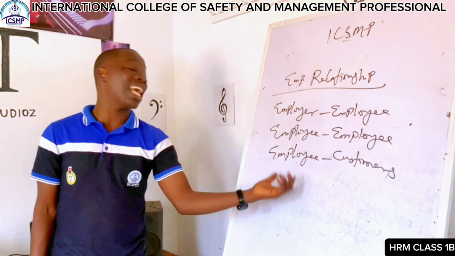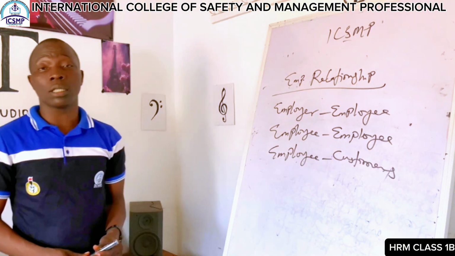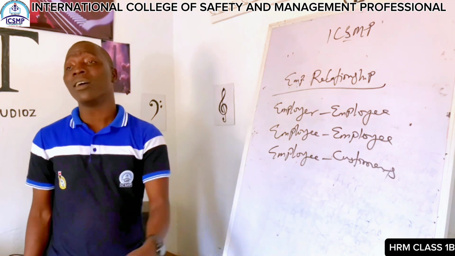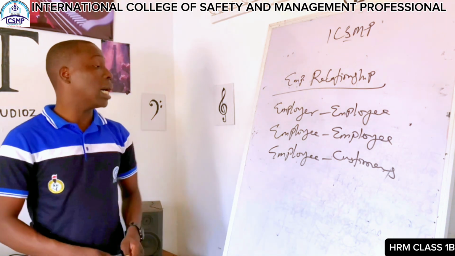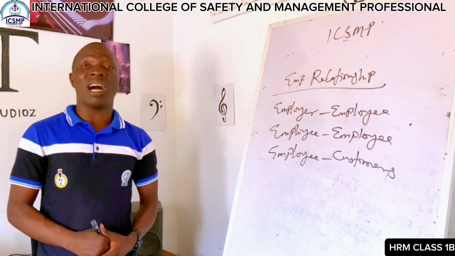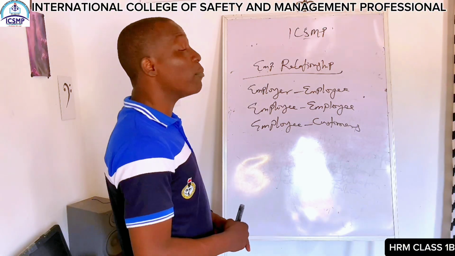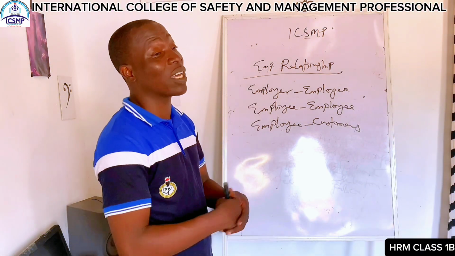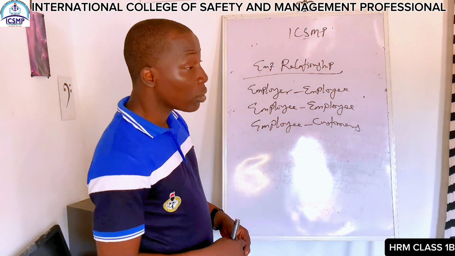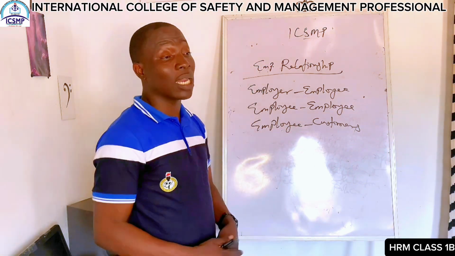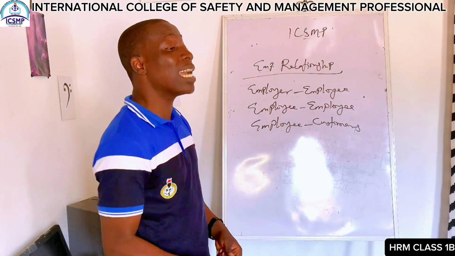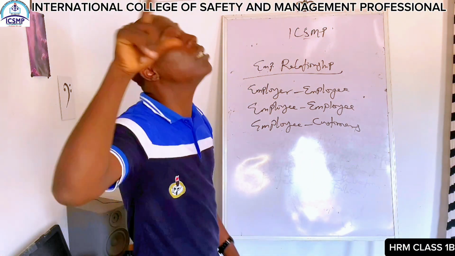Then the third one is the employee-customers relationship. This is mostly found at the retail or the wholesale stage of an organization. How you treat your customers, how you attend to customers, matters because you are the image maker of that organization. The customer does not know your name, but the customer knows the name of the organization, and all the customer will say is, the organization did this to me.